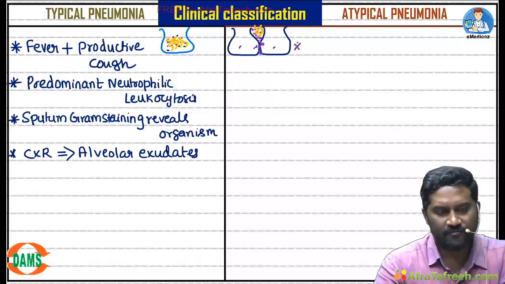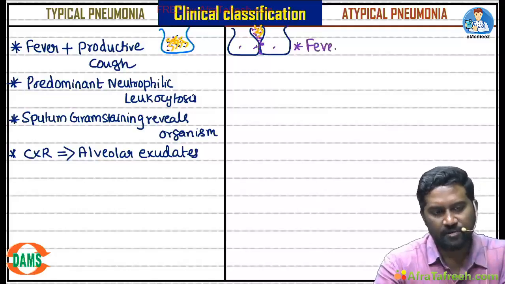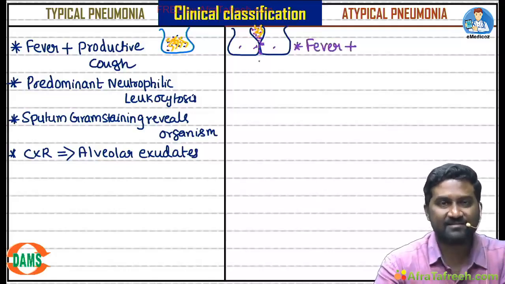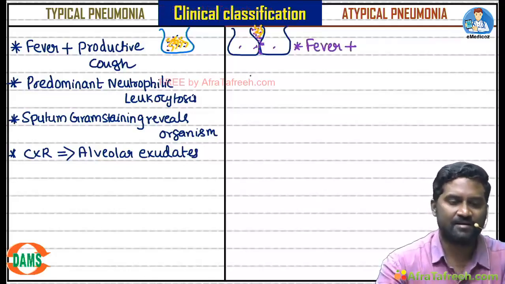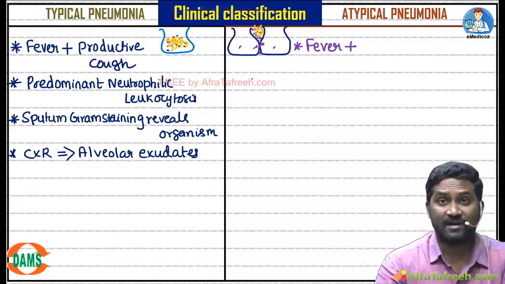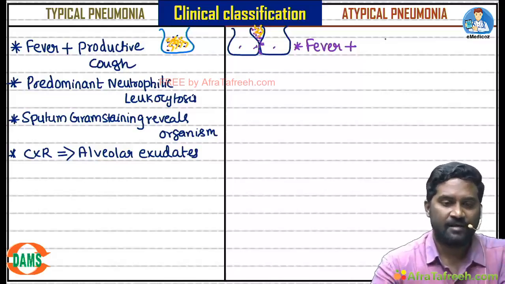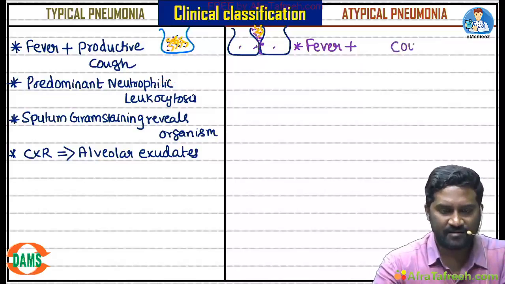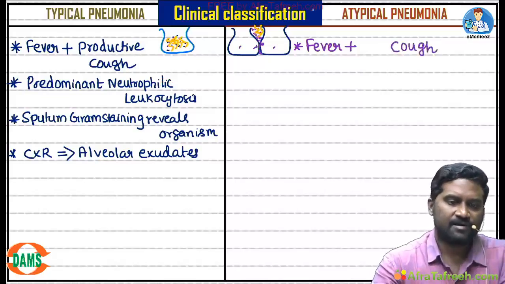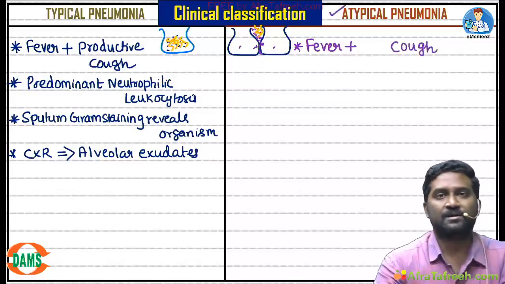Patient will have fever. Because of interstitial inflammation, there will be some irritation. That irritation will result in cough. Now tell me students, how is the cough of atypical pneumonia different from typical pneumonia?